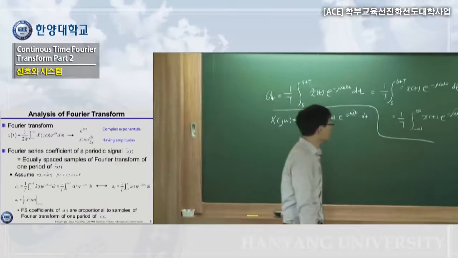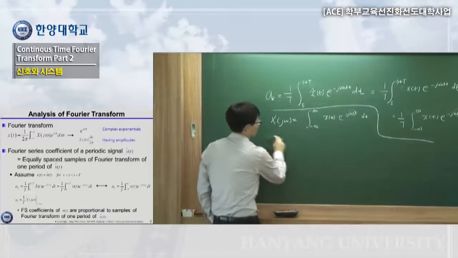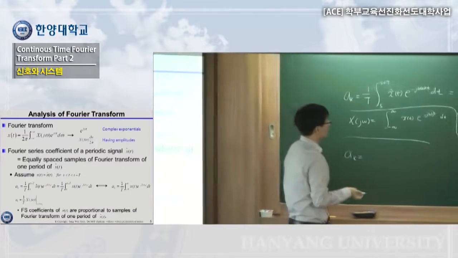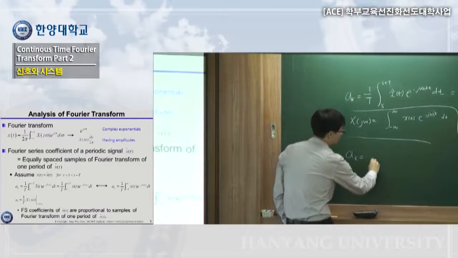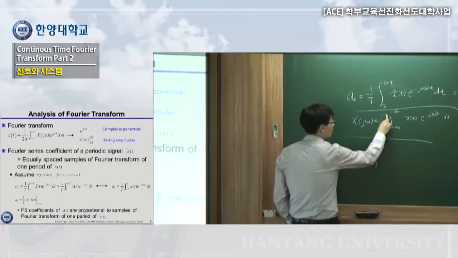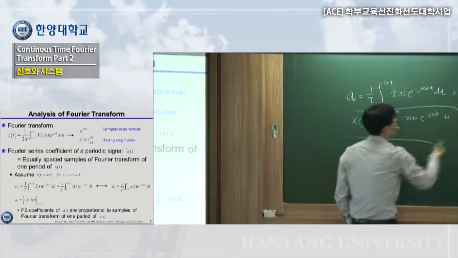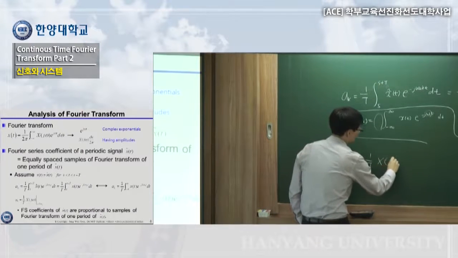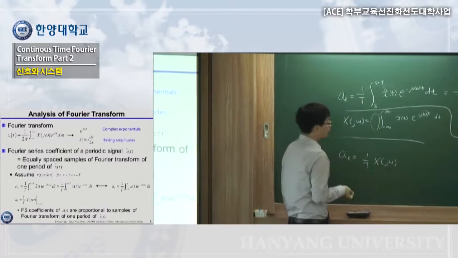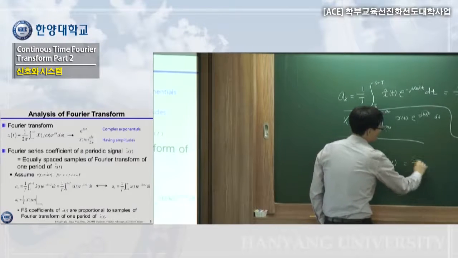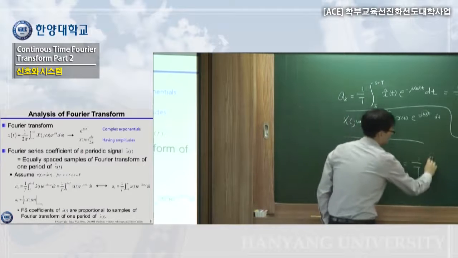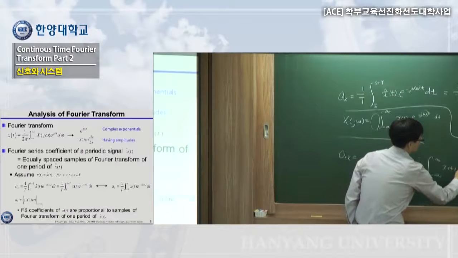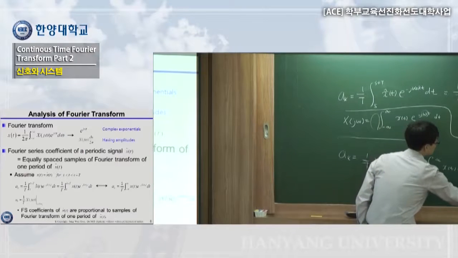So in short, this a_k equals 1 over T, because there's nothing else here, times the integral from minus infinity to infinity of x(t) e^(-j omega t) dt.